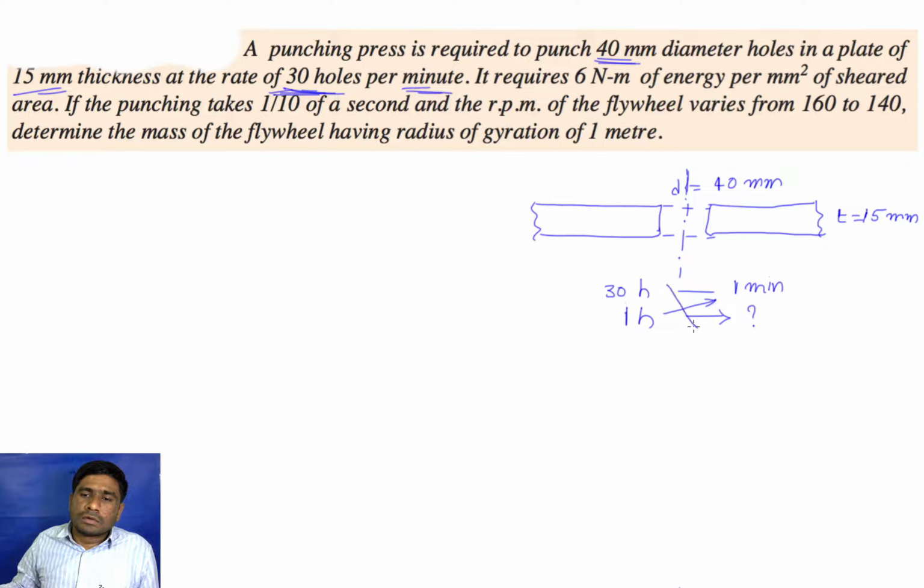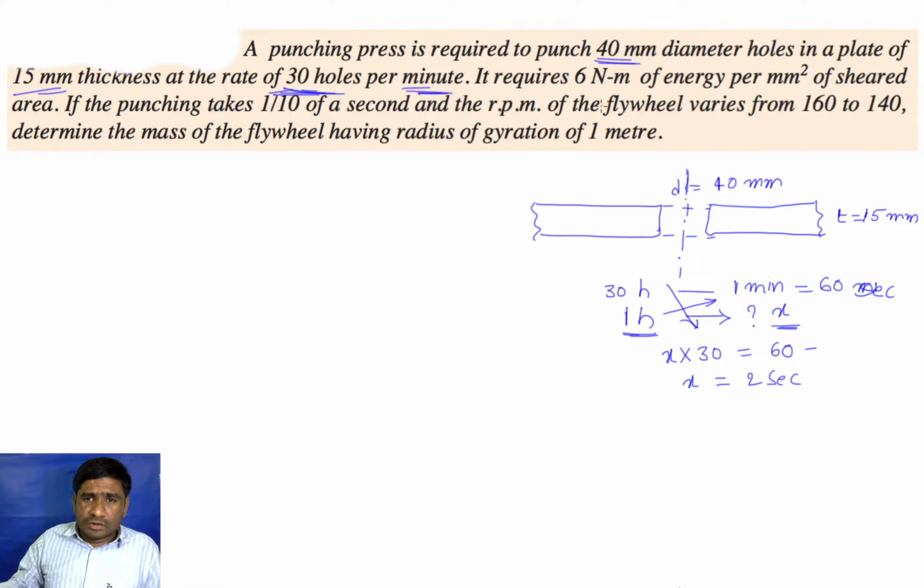If I consider this as x, then x into 30 equals 1 minute, or 60 seconds. So x into 30 equals 60, which means x equals 2 seconds. So for each hole, 2 seconds are taken.